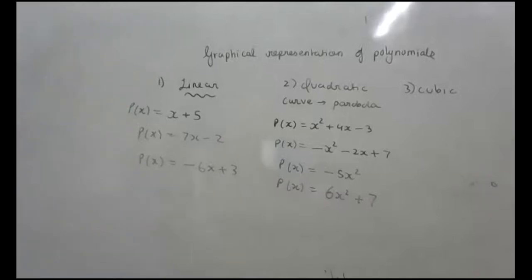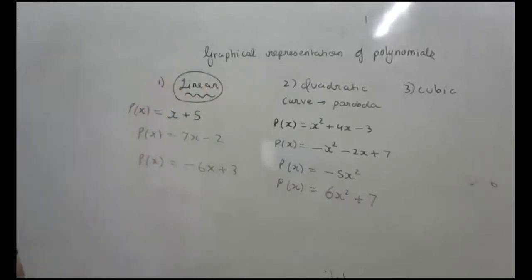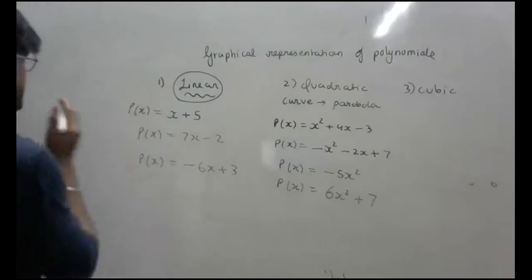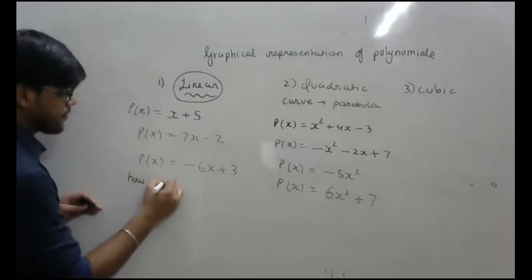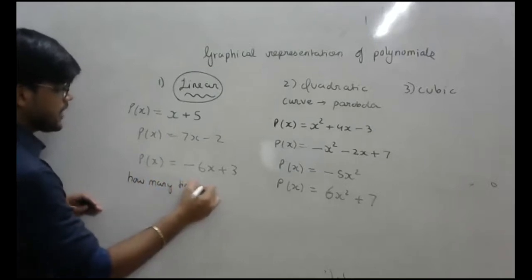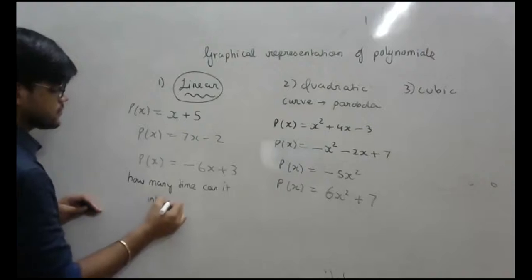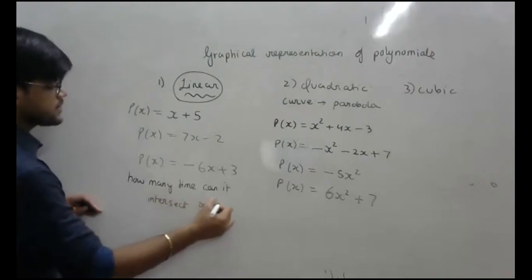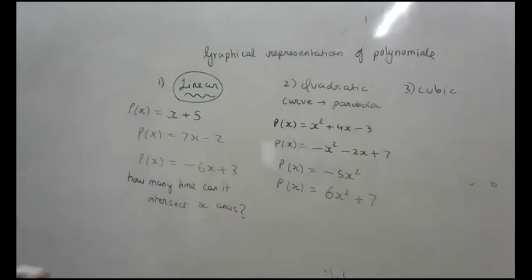Before that, just understand: when we were plotting a linear graph, we were getting a line. How many times can it intersect the x-axis?